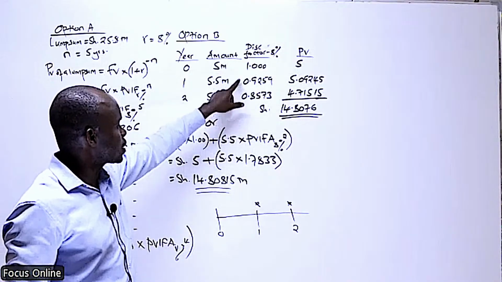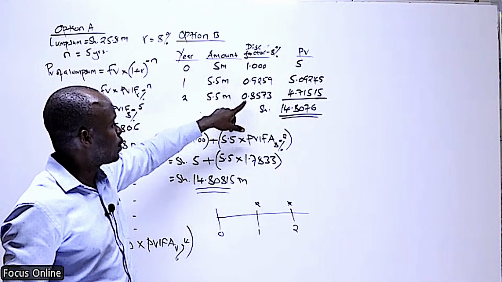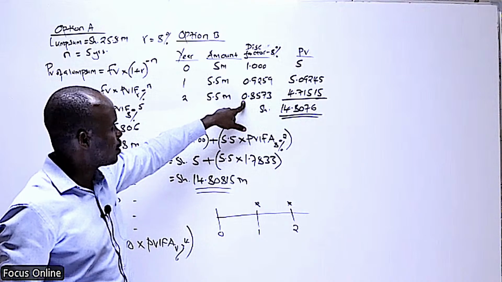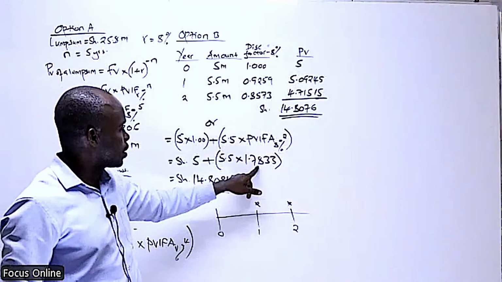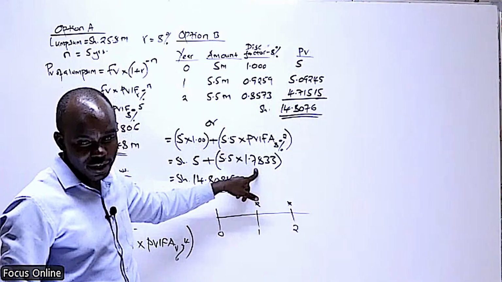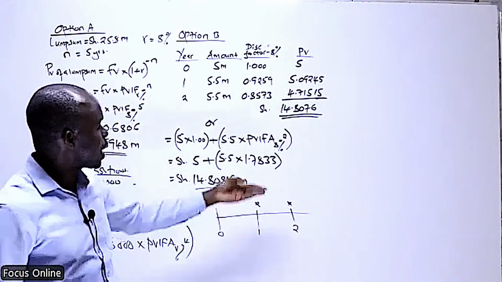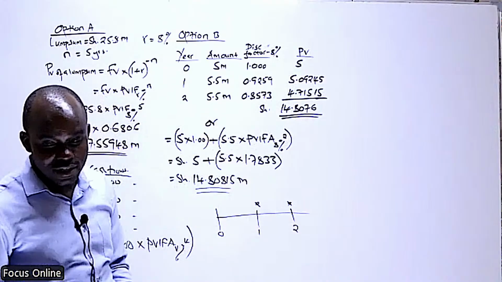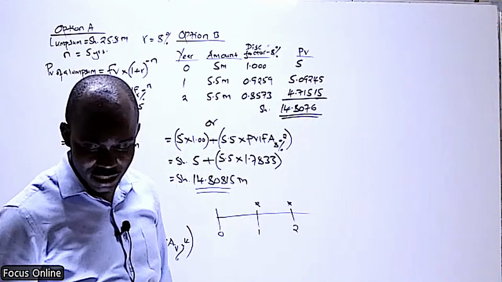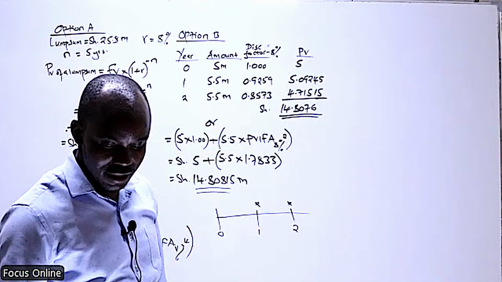These two factors here, 0.9259 plus 0.8573, must be almost the same as this factor, because we get annuities from the present value interest factor table. These things are related.